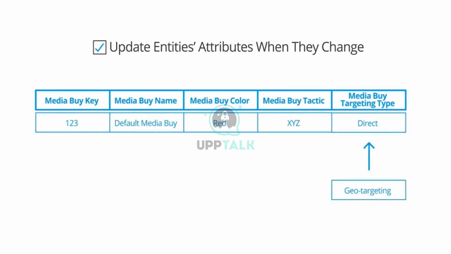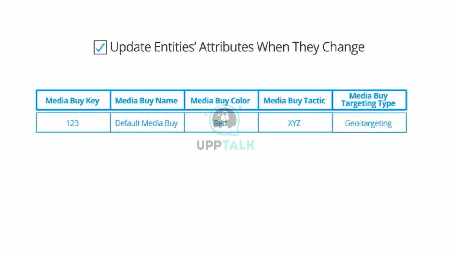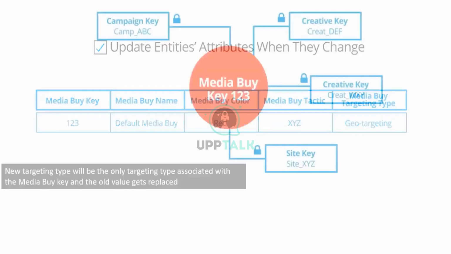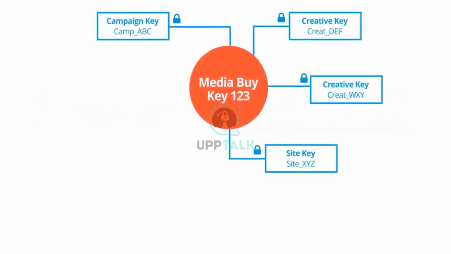At any given point of time, there can be only one value per attribute for a media buy key. Tomorrow, if the geotargeting changes, it gets replaced with the new geotargeting and not added up. The new targeting type will be the only targeting type associated with the media buy key, and old values get replaced.